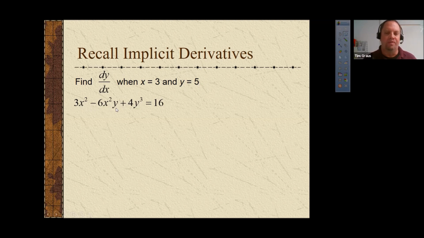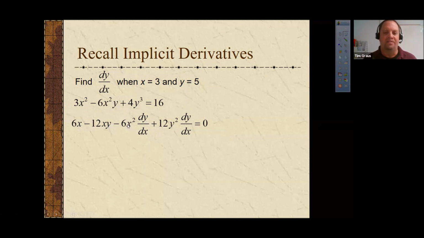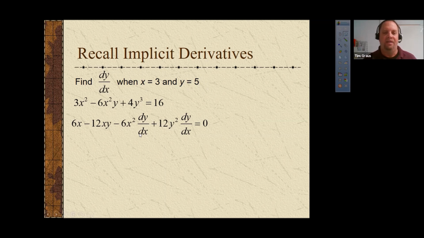So when we took the derivative, we just went term by term, and the derivative was 6x minus, for this we had to do a product rule, negative 12x times y minus 6x squared times dy/dx, and then plus the derivative of this term, 12y squared dy/dx.